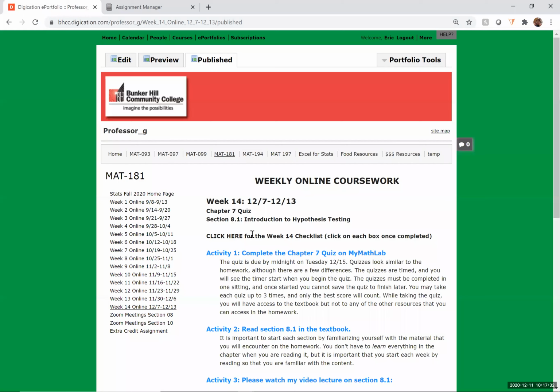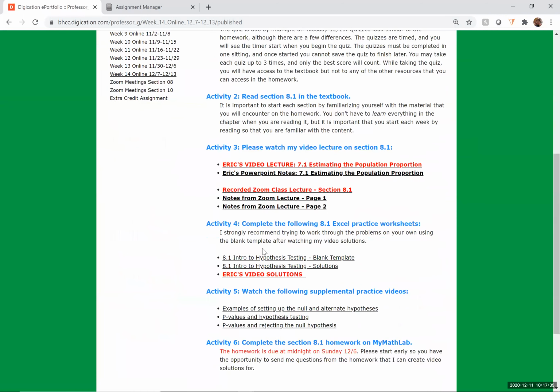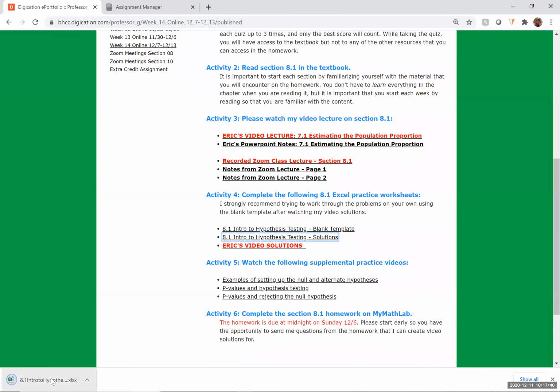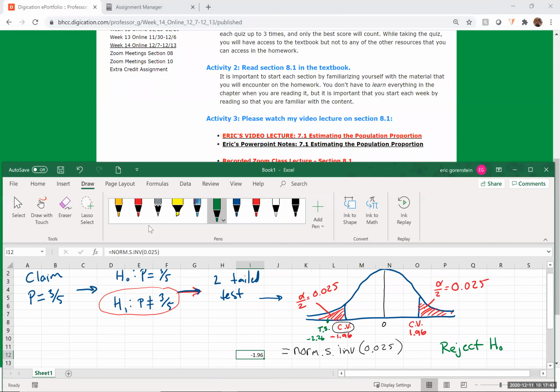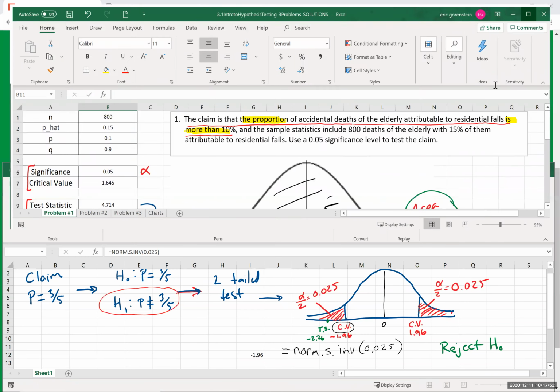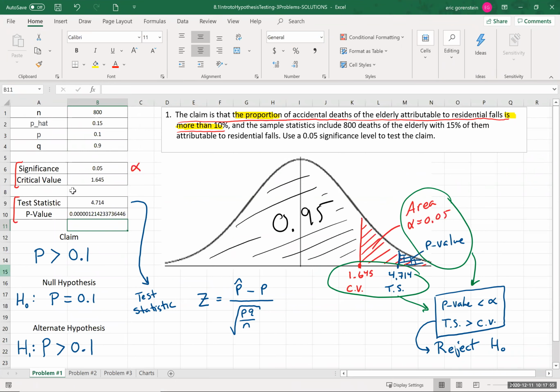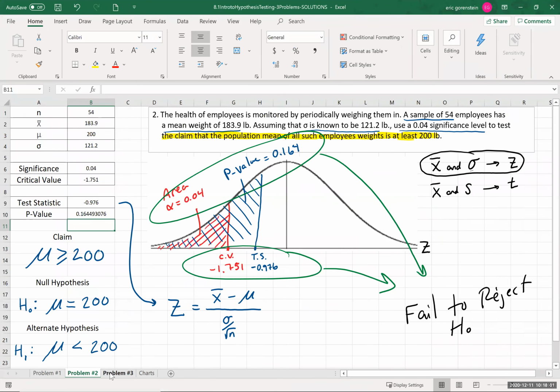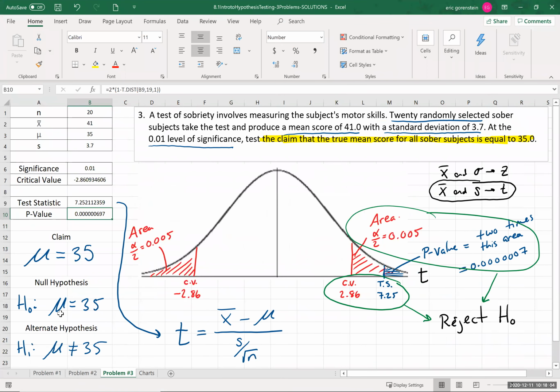You would just go to the flow chart, and I put it on the Excel worksheet that I made to make it very easy for you to reference. Hopefully everyone's already watched this video and gone through this worksheet, and then I had the 3 problems I worked through, where I basically went through every single scenario: left side, right side, left tail, right tail, two tail, proportion, mean with sigma, mean without sigma.